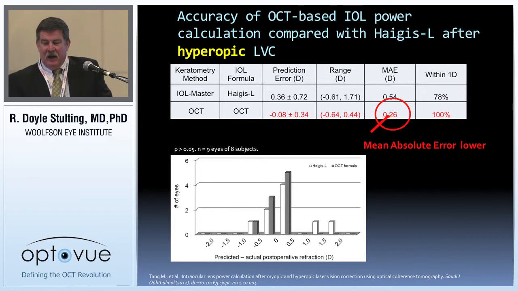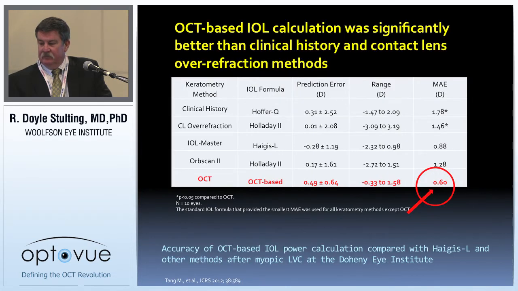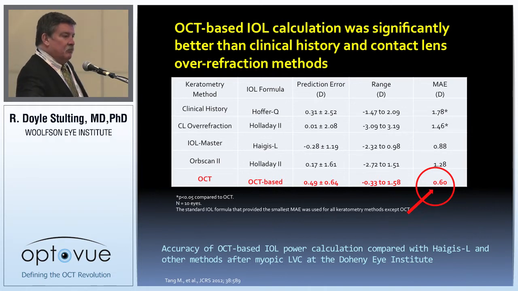These are the numbers after hyperopic laser vision correction. The mean absolute error here is also lower. And as most of you are aware, there are a number of methods for calculating IOL powers after refractive surgery: clinical history, contact lens over refraction, IOL Master, Orbscan.